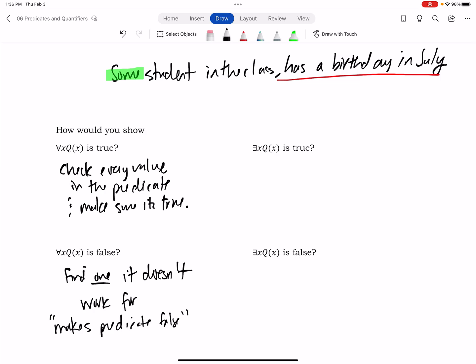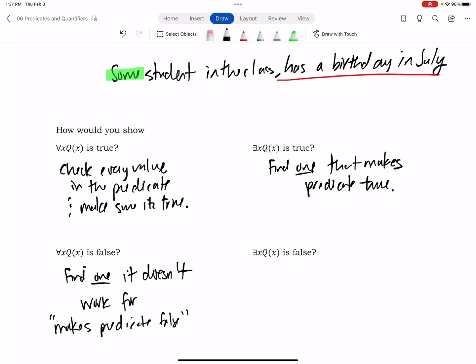Okay, so how do you say there exists a Q of x is true, or for some x, Q of x is true? Well, you find one that makes the predicate true. Just one. There could be lots, but you just need one. So how do you show that there exists Q of x is false?